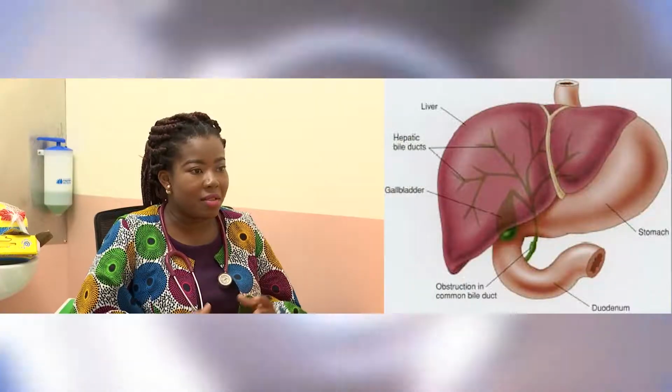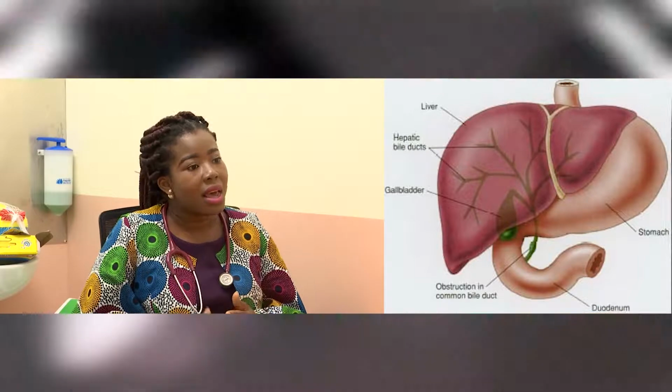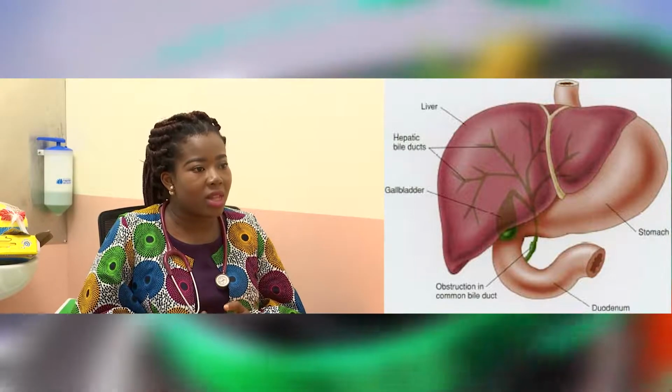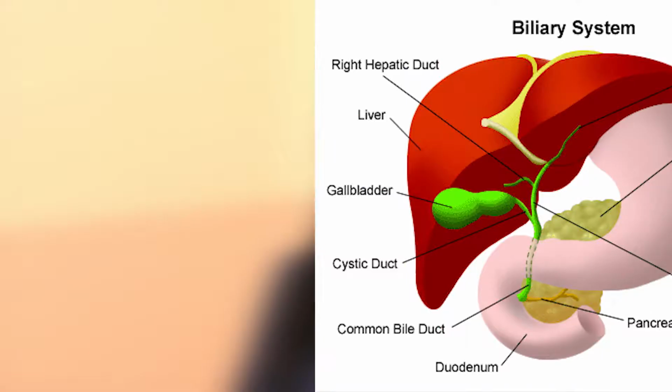I heard that word when I was looking it up. So are there levels or different types of jaundice, or is there one type, or how does it work? When we talk about jaundice and you're looking at the causes, it may be because there's a problem with the liver itself. So we'll say hepatocellular, like there's damage with the liver itself. It could also be because there's an obstruction in the biliary system.